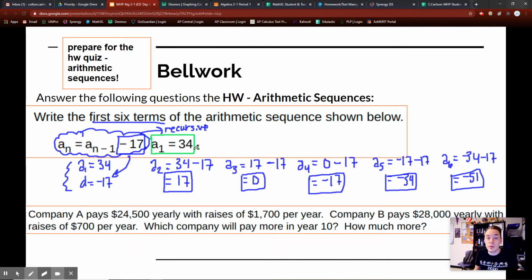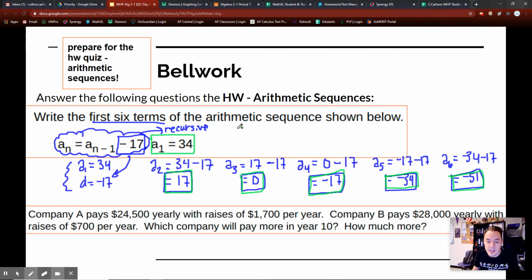You can review your homework quiz and then ask for partial credit if you need to, just like what I talked about last week. And then they'll also need a sub 2, 17, a sub 3 is 0, a sub 4, a sub 5, and of course they need the last term, a sub 6 equals negative 51.